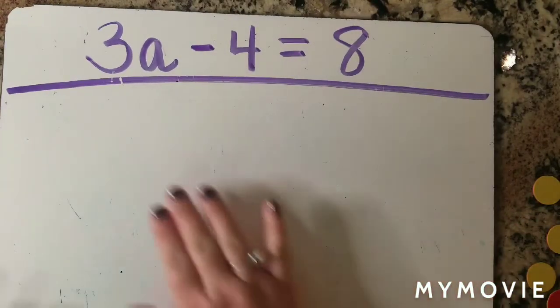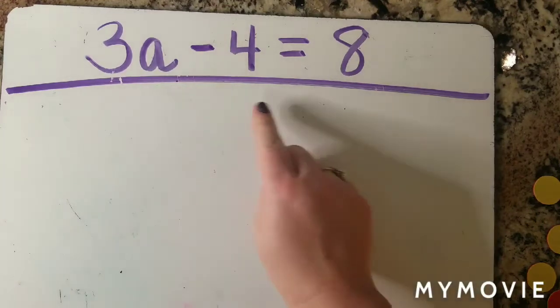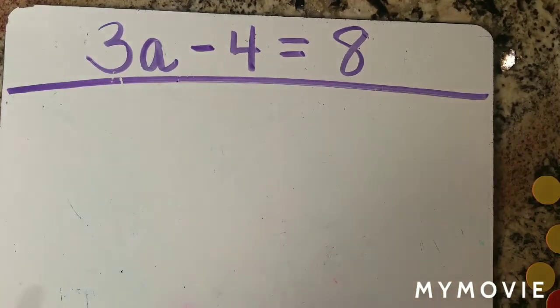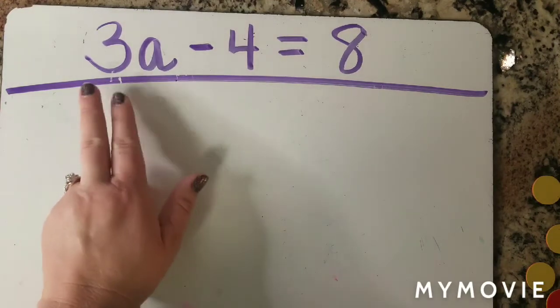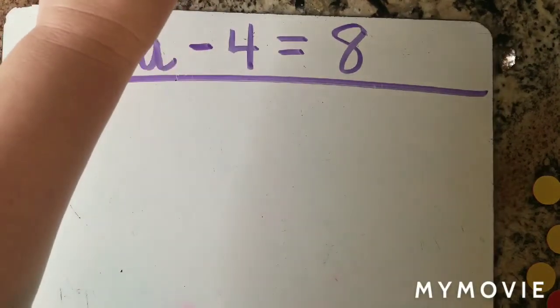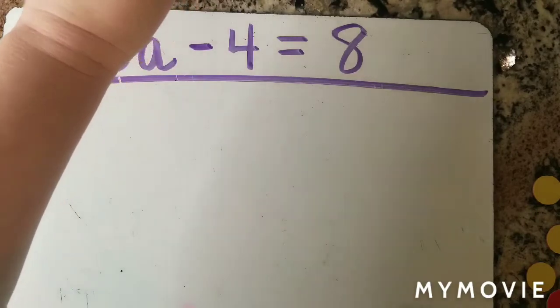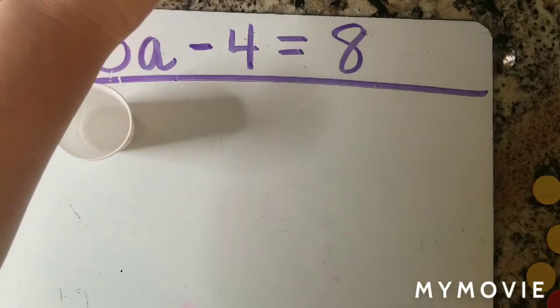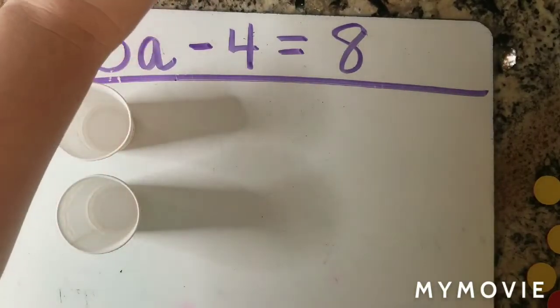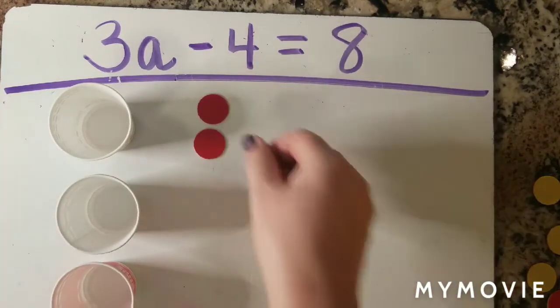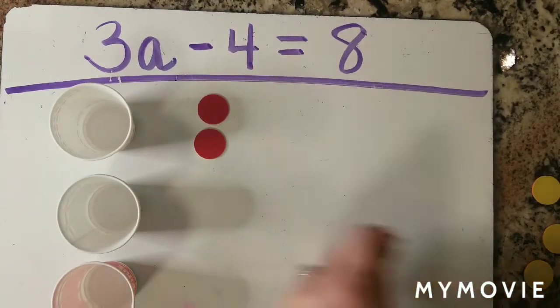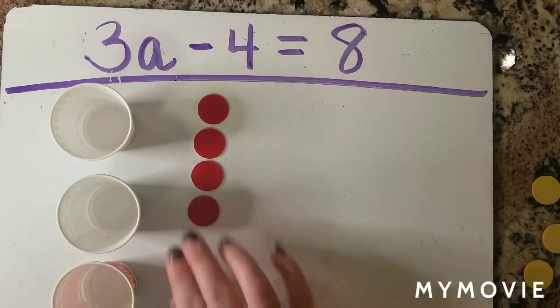So let's have 3a minus 4 equals 8. The first thing we're going to do is model our variable. It's 3a, so I'm going to do 3 cups, or if you're at home, you'll draw 3 squares. 1, 2, 3. Negative 4 would be 4 reds. 1, 2, 3, 4.